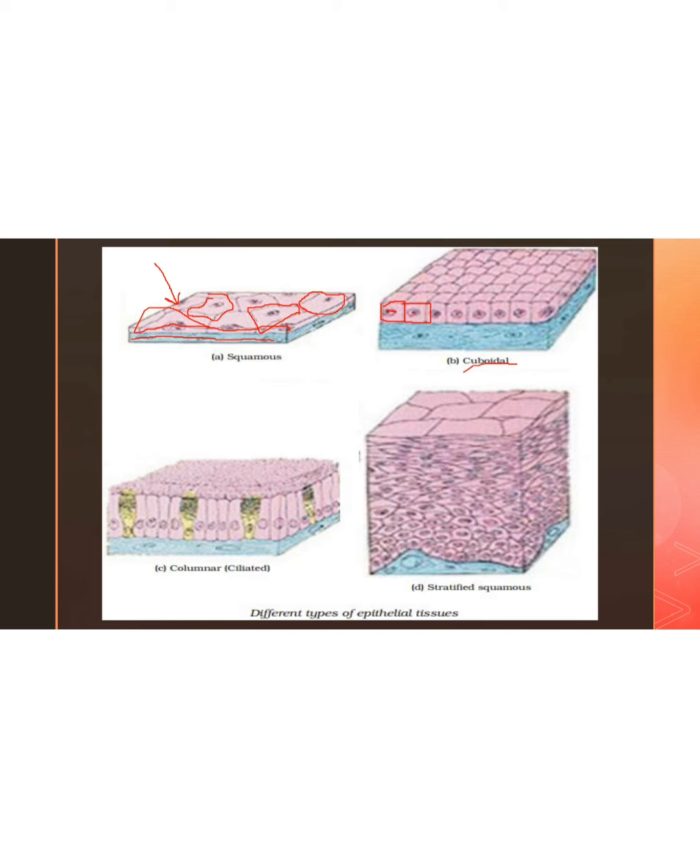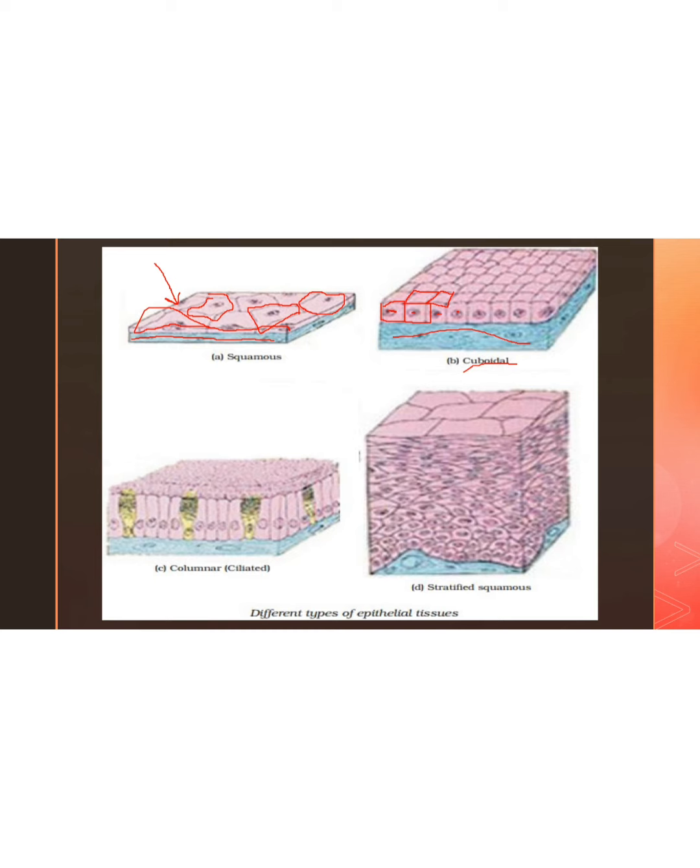Here you can see all these cells have the nucleus in the middle, and again, despite the cube structure, all cells are compactly present without any intercellular spaces, and this is the basement membrane. So that is the structure of your cuboidal epithelium.